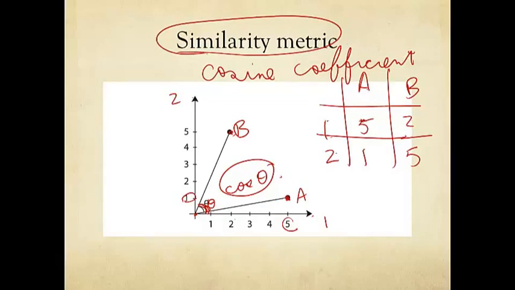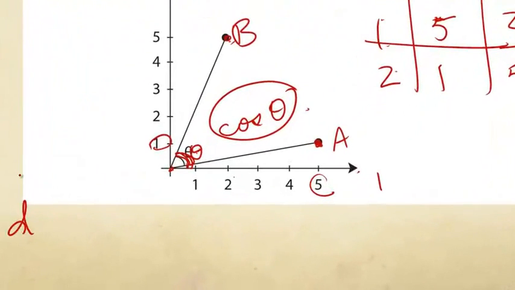So how do we write down the cosine coefficient here? I'm going to say the cosine coefficient between two movies i and j is called dij.